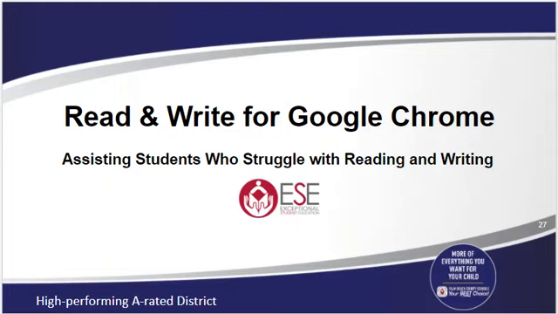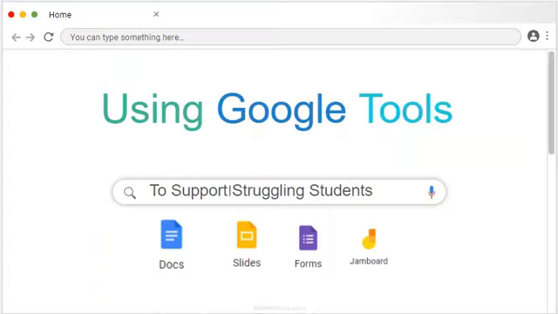So as a follow-up to this training, we recommend that you also view Read and Write for Google Chrome, assisting students who struggle with reading and writing. This training will provide an overview of the Read and Write for Google Chrome extension and how this extension can be used to provide some common accommodations, including oral presentation. We also recommend that you view the bucket training, Equity Bucket, using Google Tools.